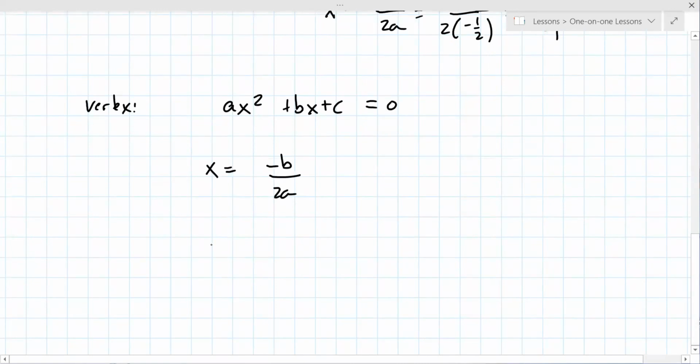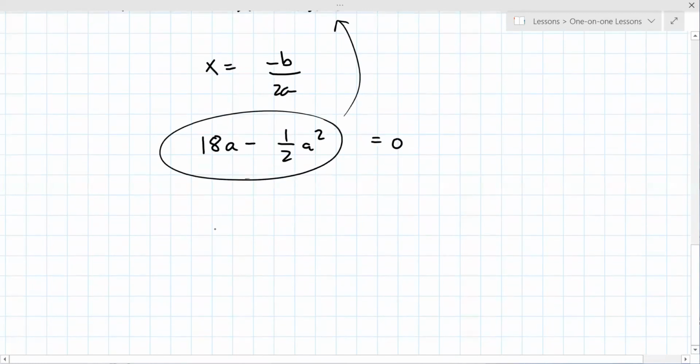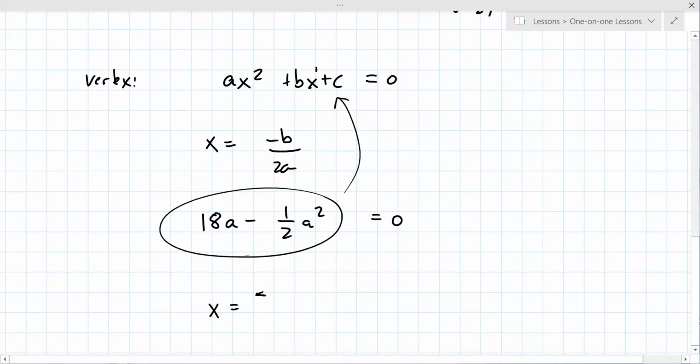So now in this problem, the quadratic ended up being 18A minus 1/2 A squared. And this looks maybe very different than this up here. But it's still a quadratic. It's a quadratic in A. So to find the vertex, it's minus the value in front of B. B is the one that's in front of the power-to-1 term.